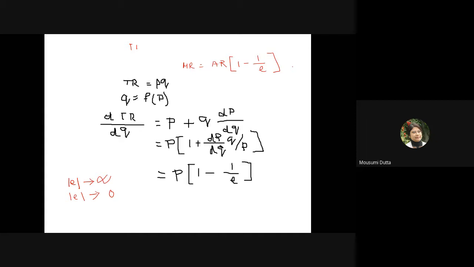And then you can consider, if E is greater than 1, what is happening? If price is demand elastic, if this denominator is greater than 1, what will be the sign of this entire thing?